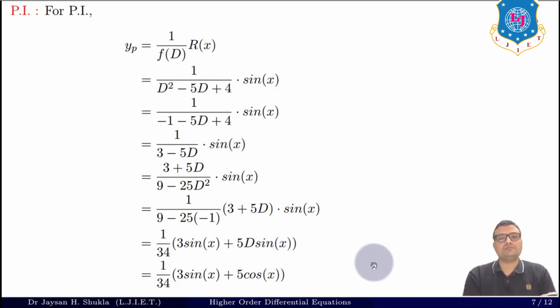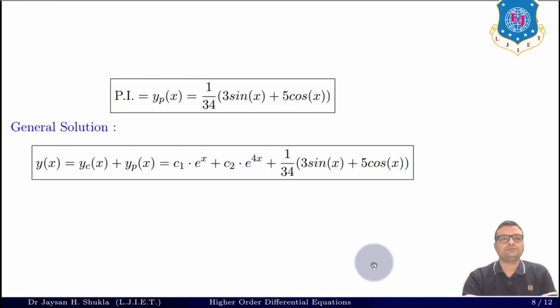You should pause and ponder at this stage and you can check what is happening in this solution. And so the value of particular integral is 1 upon 34, 3 sin x plus 5 cos x.